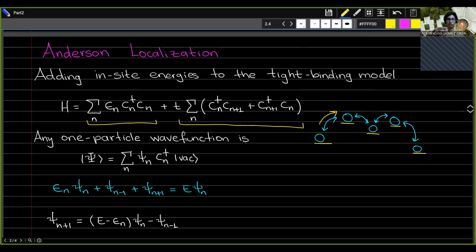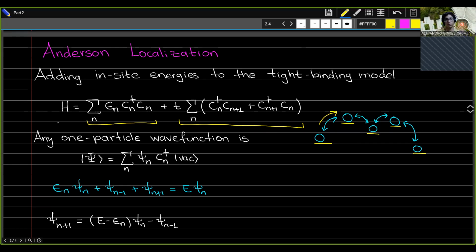In this case, I also drew 5 sites, and we're going to put one particle in one of those sites. So one of them is going to be occupied. And then we're going to make the evolution according to this Hamiltonian, and we're going to track the probabilities of the particle being at each site.